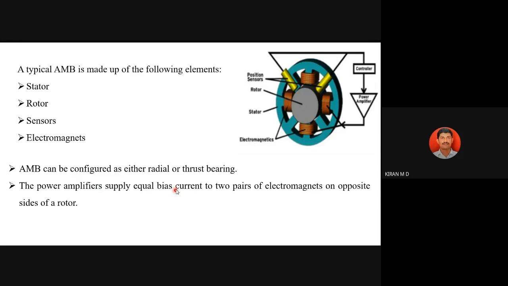First, the power amplifier supplies equal bias current to the 2 pairs of electromagnets on opposite sides of the rotor. See here, initially it will supply the power from the power amplifier to the 2 pairs of electromagnets.